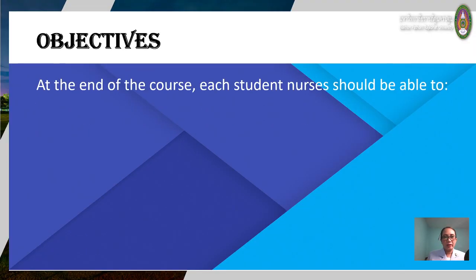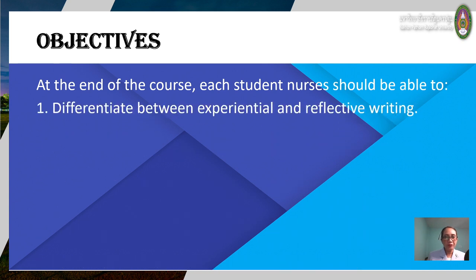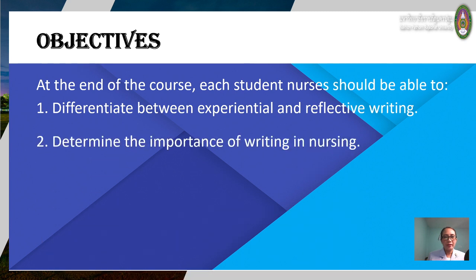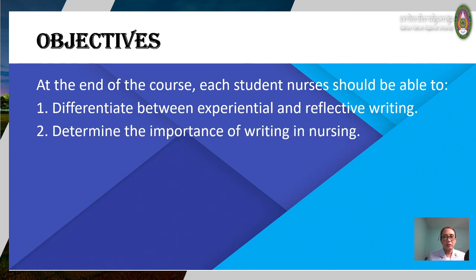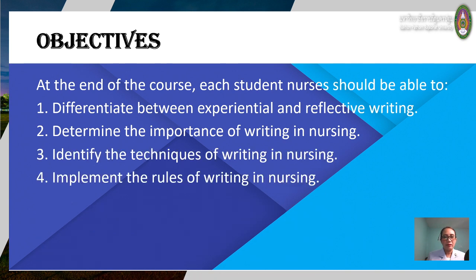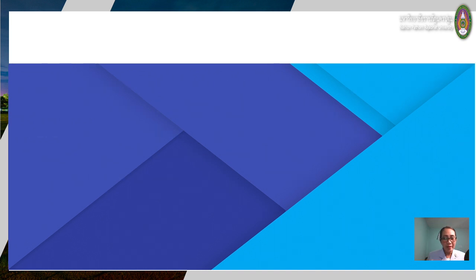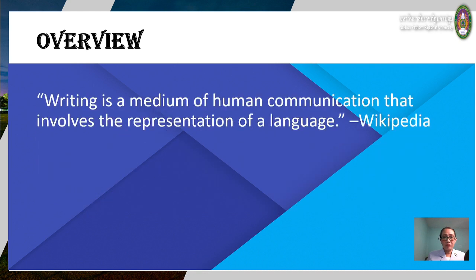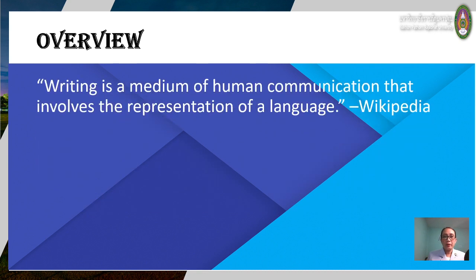For the objectives, at the end of the course, each student should be able to: first, differentiate between experiential and reflective writing; second, determine the importance of writing in nursing; third, identify the techniques of writing in nursing; fourth, implement the rules of writing in nursing.